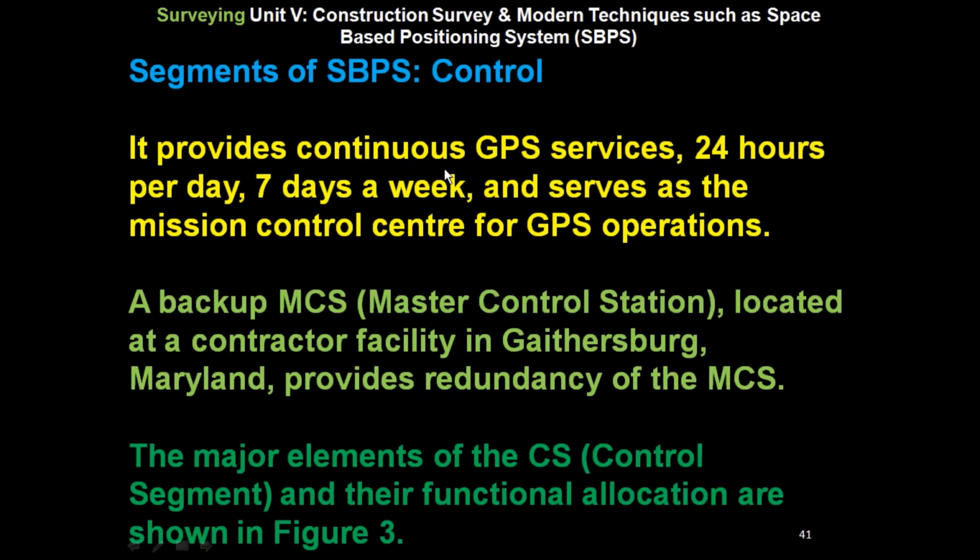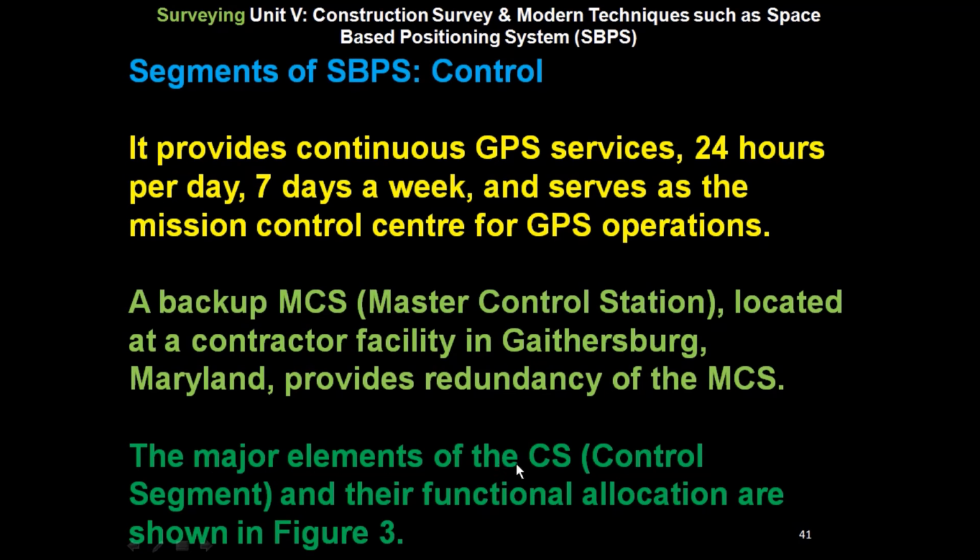It provides continuous GPS services 24 hours per day, 7 days a week, and serves as the mission control center for GPS operations. A backup MCS, located at the contractor facility in Gaithersburg, Maryland, provides redundancy of the MCS.